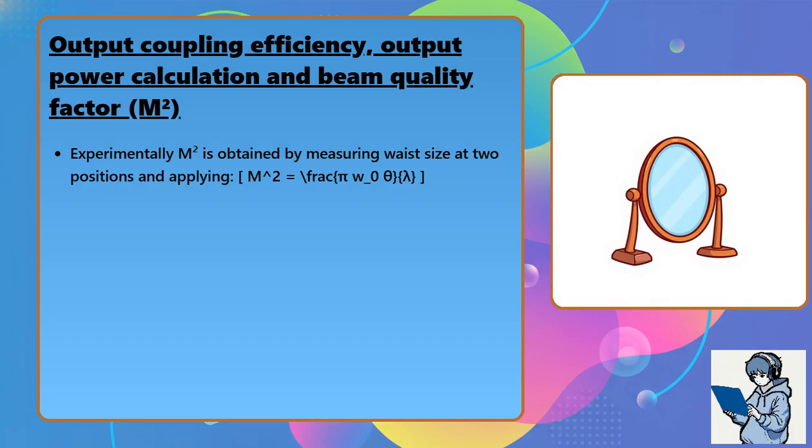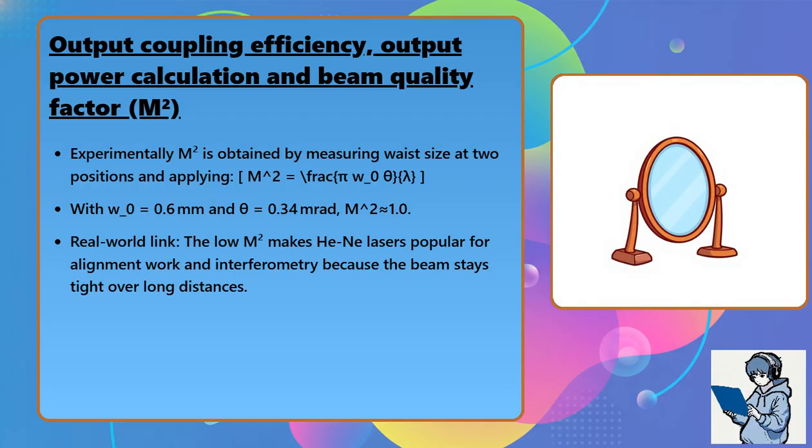Experimentally, M squared is obtained by measuring waist size at 2 positions and applying M squared equals pi W sub 0 theta divided by lambda, with W sub 0 equals 0.6 millimeter, and theta equals 0.34 milliradian, M squared approximately 1.0. Real-world link: the low M squared makes HeNe lasers popular for alignment work and interferometry, because the beam stays tight over long distances.